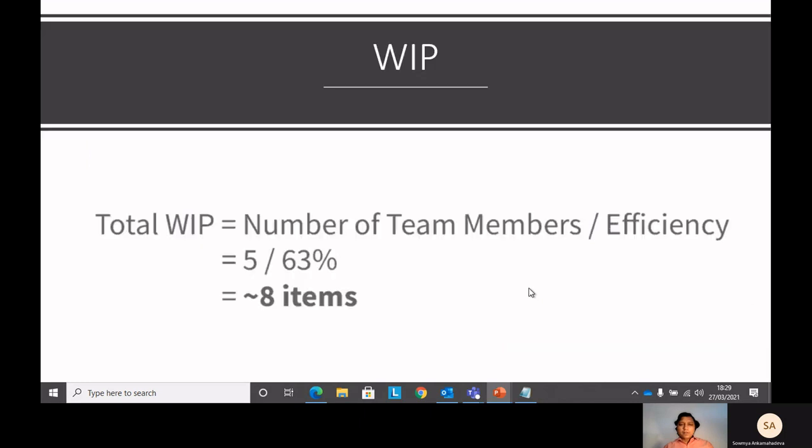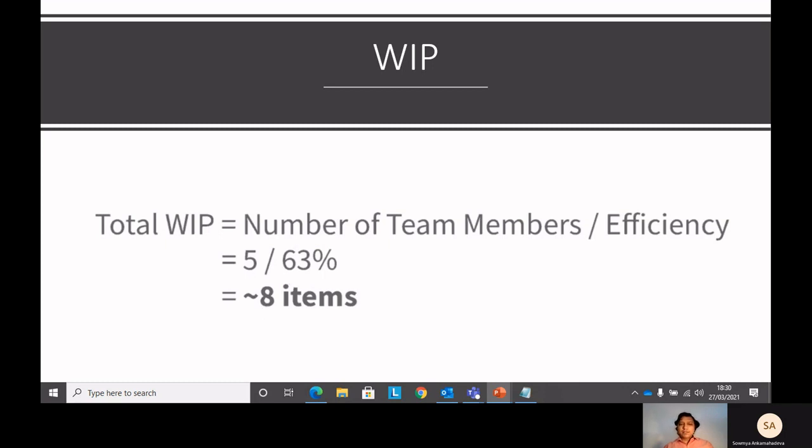Now see what a WIP limit is. This WIP limit is the total WIP limit of your complete board. We are assuming the number of team members is 5. You may have 6 or 7 team members, whatever the number, you take that number and divide it by the efficiency. We just found the efficiency is 63 percent. So if we divide 5 by 0.63, it will roughly come to 8.